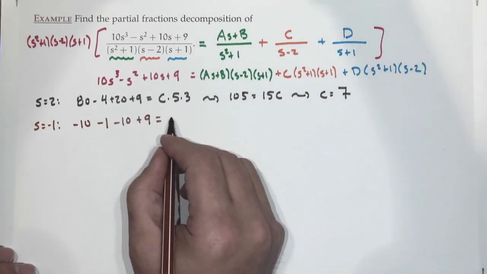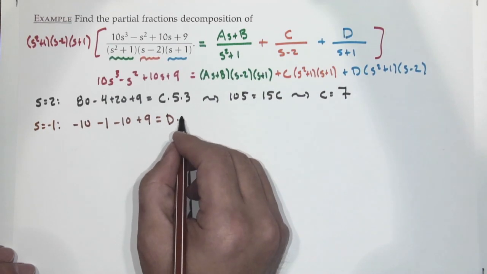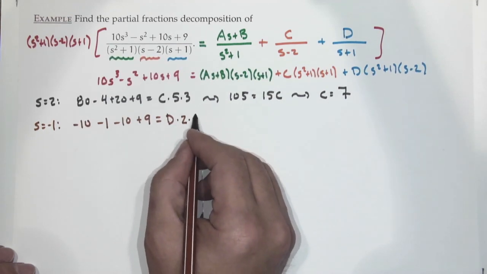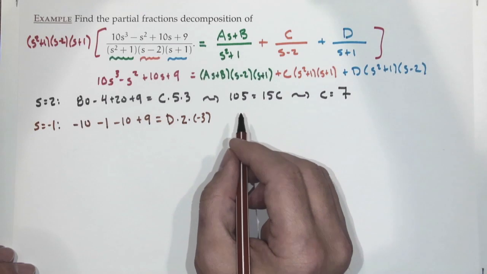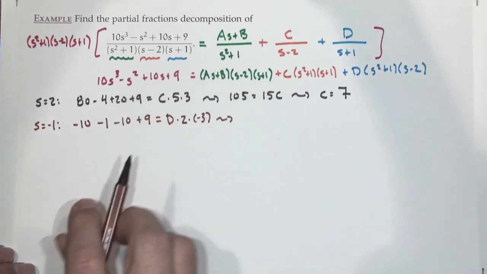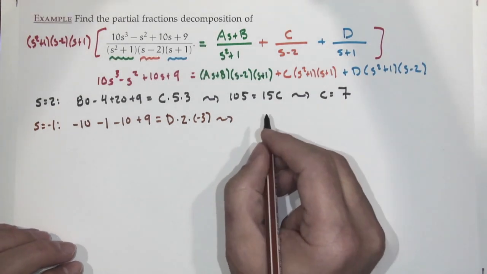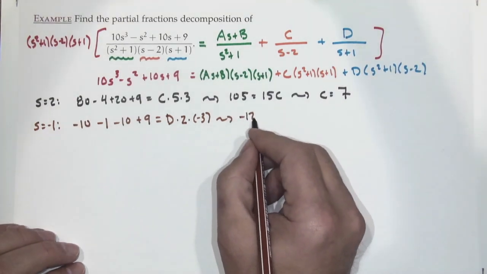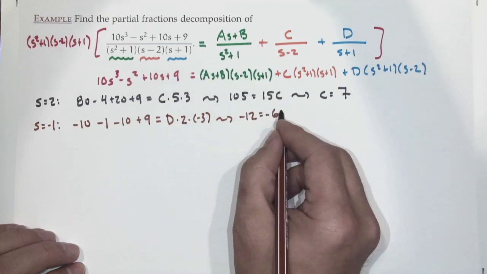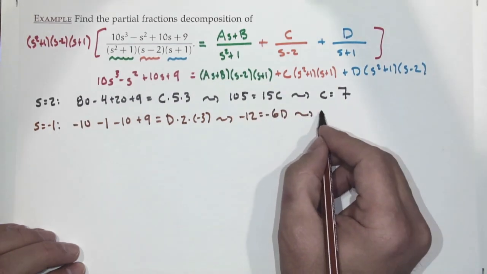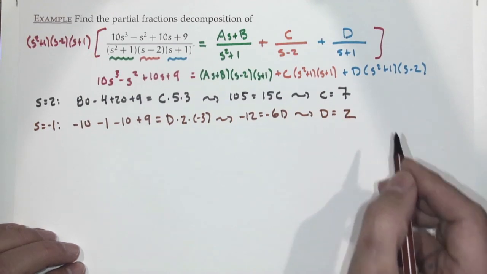The last part we have is D times 2 times -3. Okay, -10 minus 1 minus 10 plus 9. If we put that all together, we get -12 equals -6D. So D is 2.